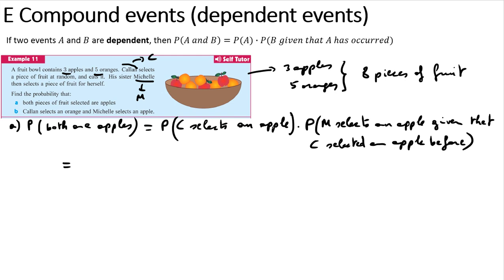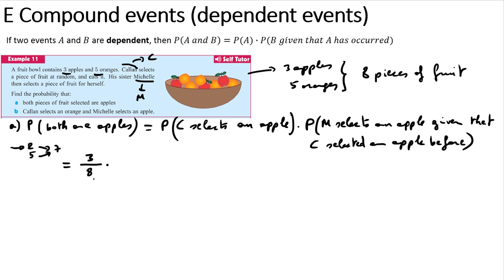The probability of selecting an apple is then 3/8, because we have 8 pieces of fruit and 3 apples in it. Then times, after Callan selected the apple, 2 apples will be left, and we still have 5 oranges, so in total we have 7 pieces of fruit.